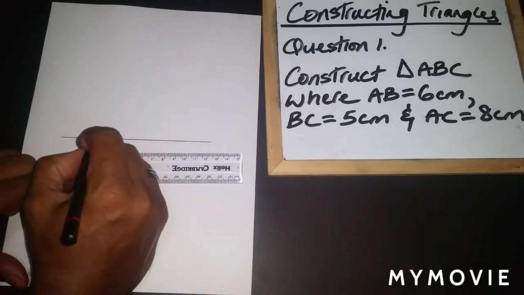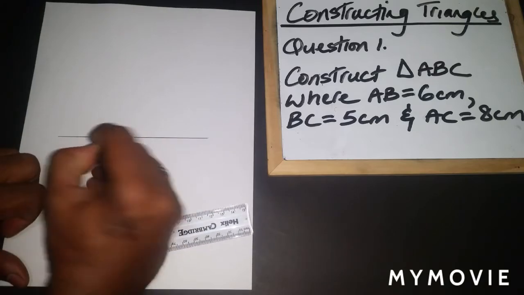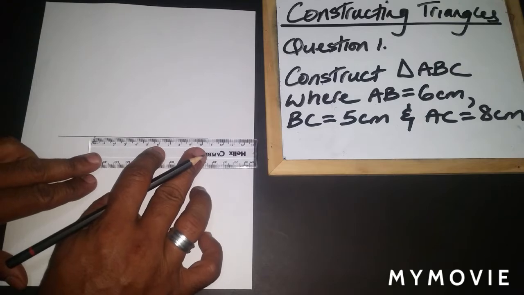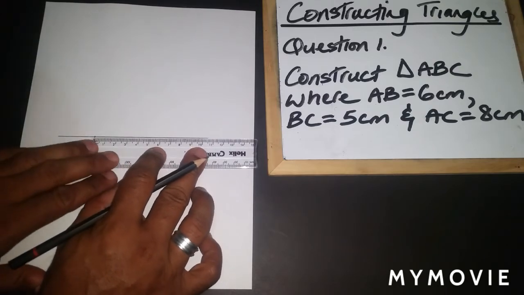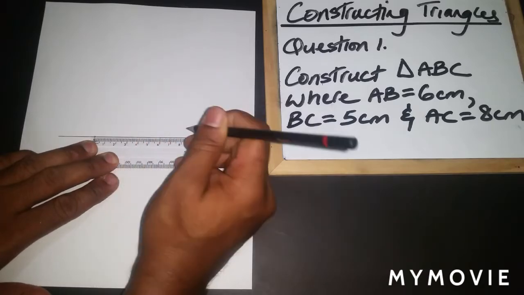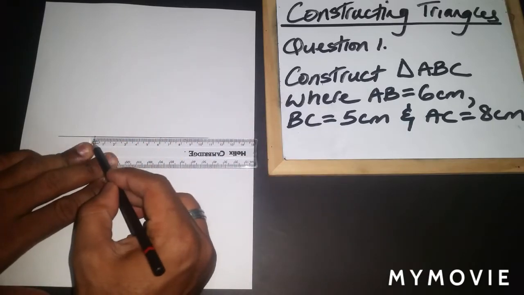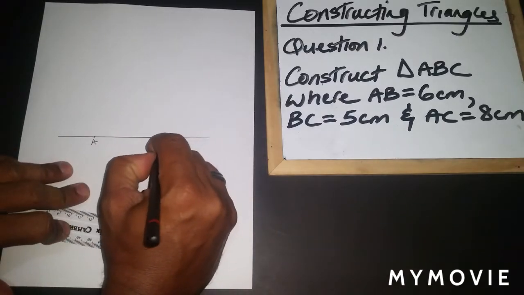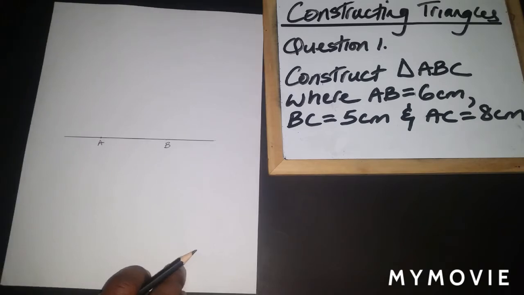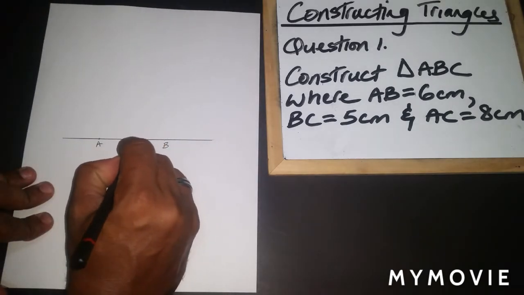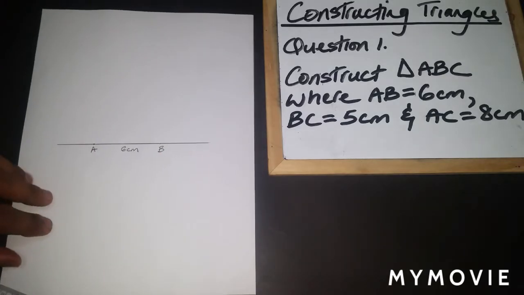So one of the vertices here is going to represent A, and we're going to simply measure 6 centimeters. So that would be here. Very straightforward. And of course you measure from 0 to 6, and this would be B. Now we have the length of one side out of the way. So the length of AB is 6 centimeters as indicated there.